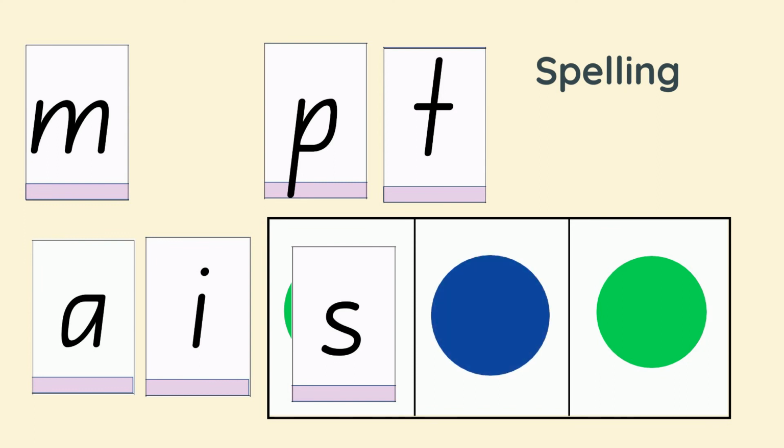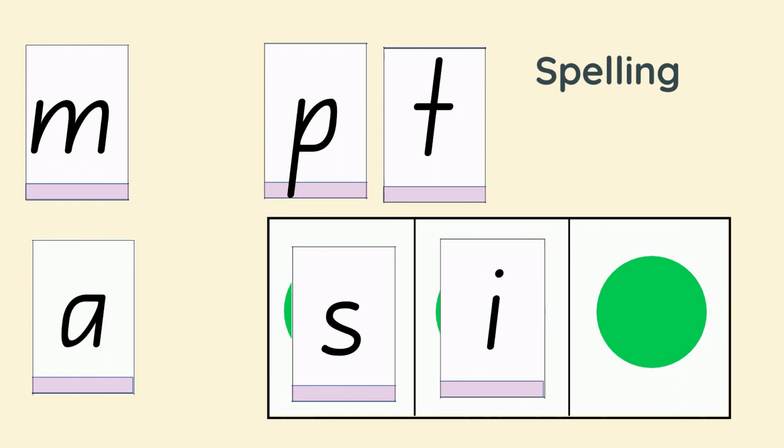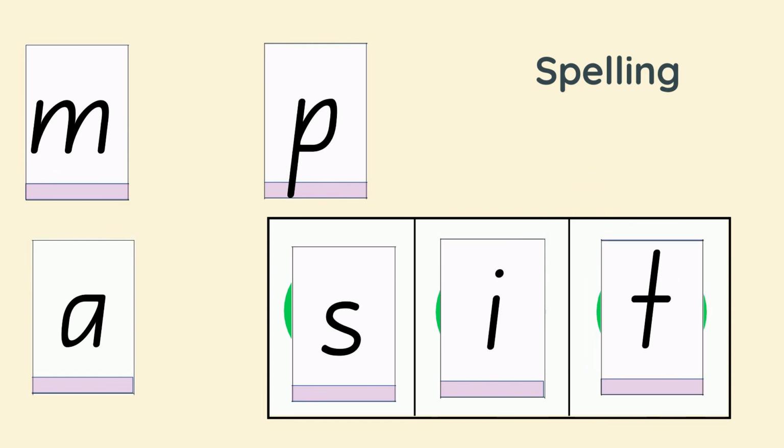Which letter represents I? It'll be one of the vowels. The letter I. S, I, t. T is the final phoneme. Which letter represents T? The letter T. I have spelled the word sit with the letters S-I-T.